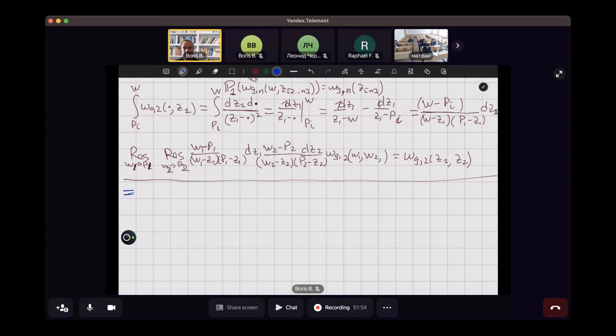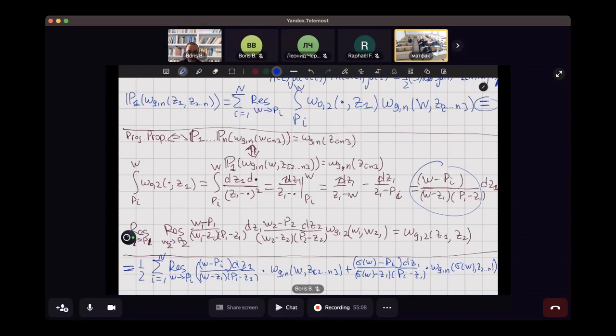So why? What has happened now? Instead of this product of the integral of omega 0 2 and the omegas, I write this sum, and here I just write, in fact, this guy is just the integral of omega 0 2 of sigma of z1.